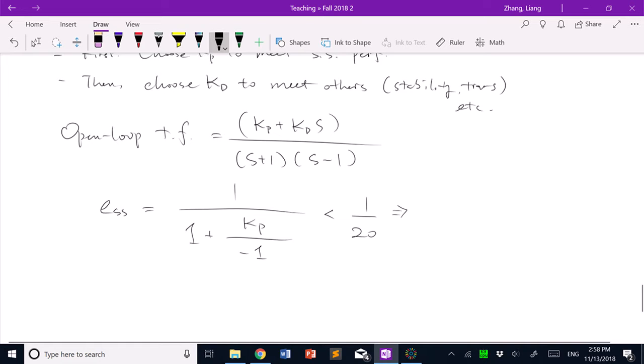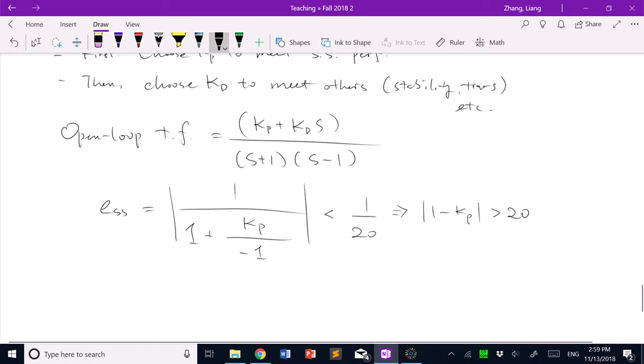And usually the best way, if you're unsure how to proceed, is you may want to consider putting an absolute value sign there, and this will tell you 1 minus Kp absolute value should be greater than 20. Right? Since the denominator here is 1 minus Kp. And now it comes to your discussion. Do you want the Kp to be positive? Do you want Kp to be negative?